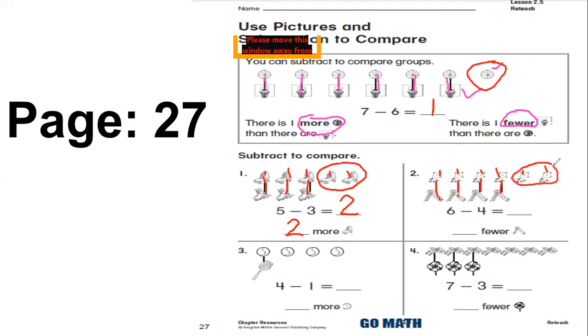How many more kites or how many fewer? Now the question is how many fewer slides? Both the answers will be the same. So how many fewer? Which don't have here, look. How many fewer? Yes, very good. Eileen, Iliana, very good. So that gives you 2. So there are 2 fewer slides.